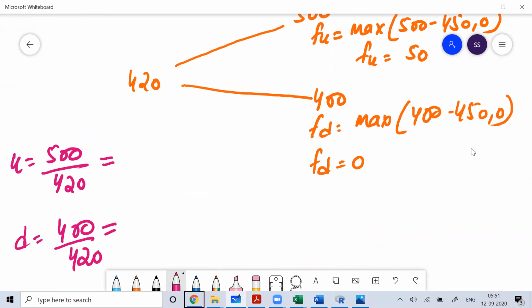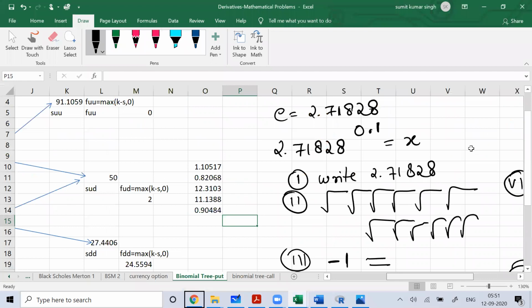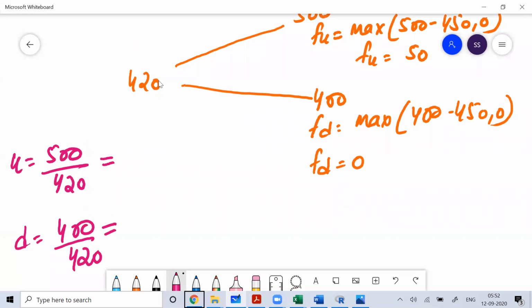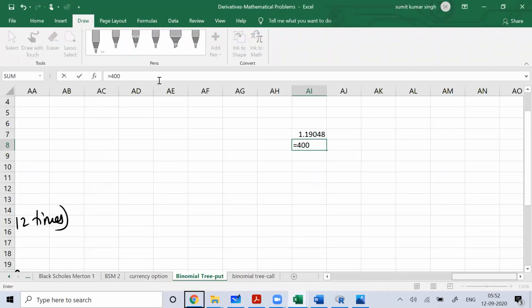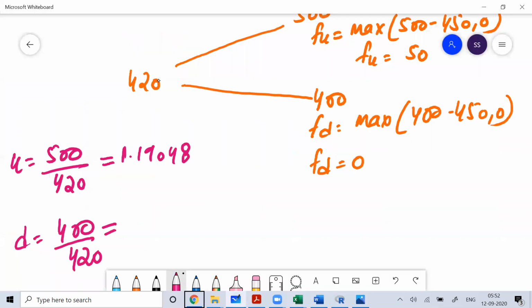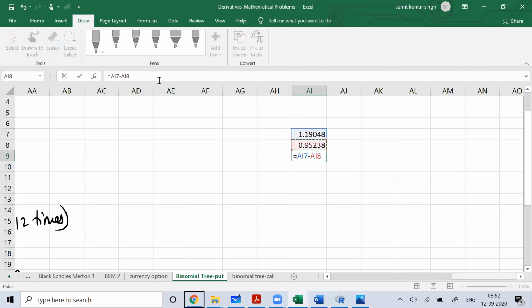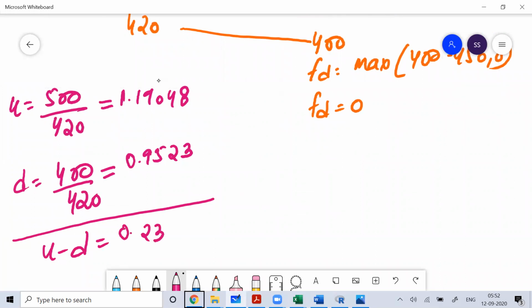So you will get the value of U and D. Then you can find U minus D.